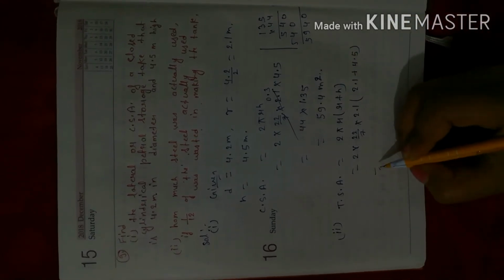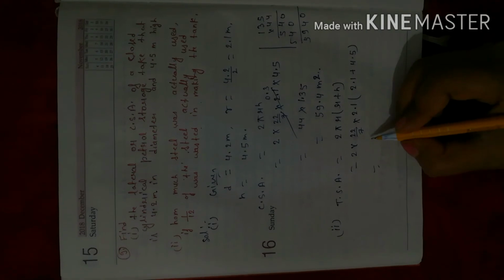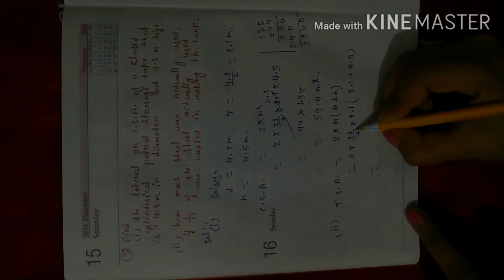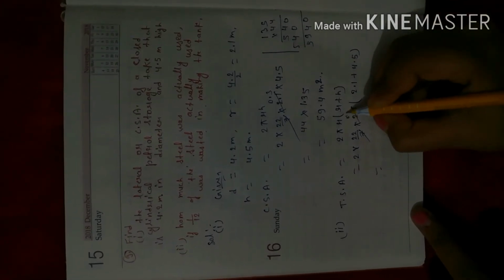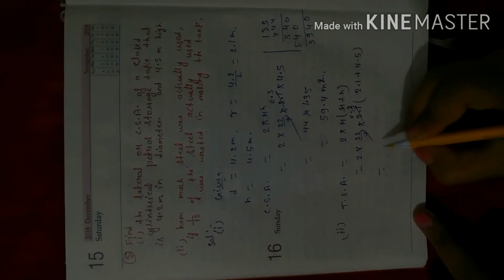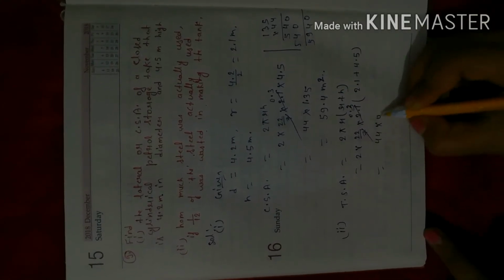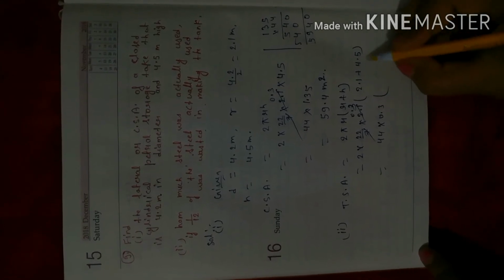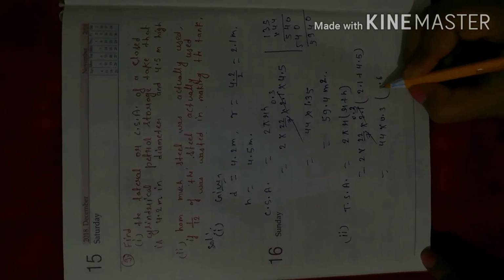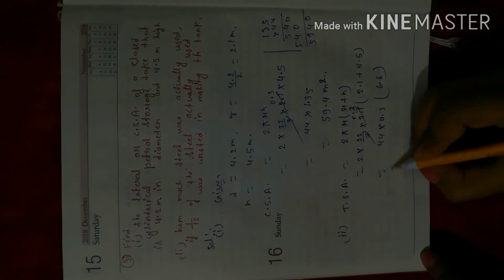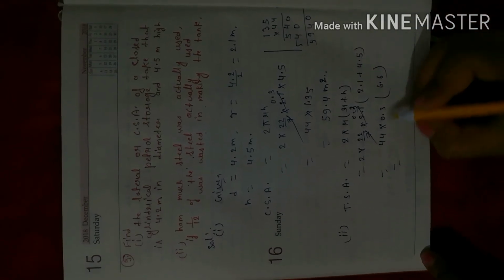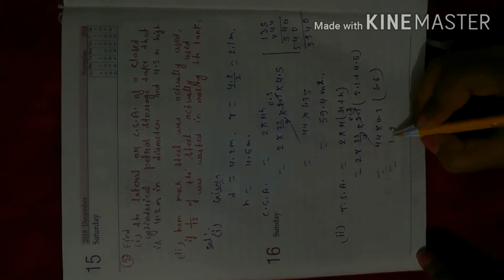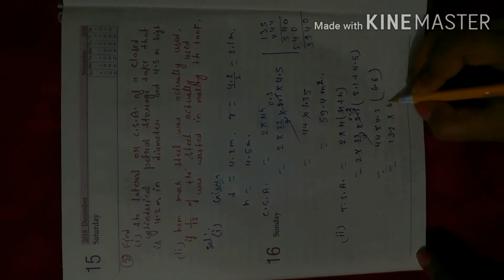Now we will solve it. 22 times 2 is 44, and here at first we will cancel 7 into 3 is 21. 44 into 0.3. If we add, we will get 6.6. Now we will multiply it.